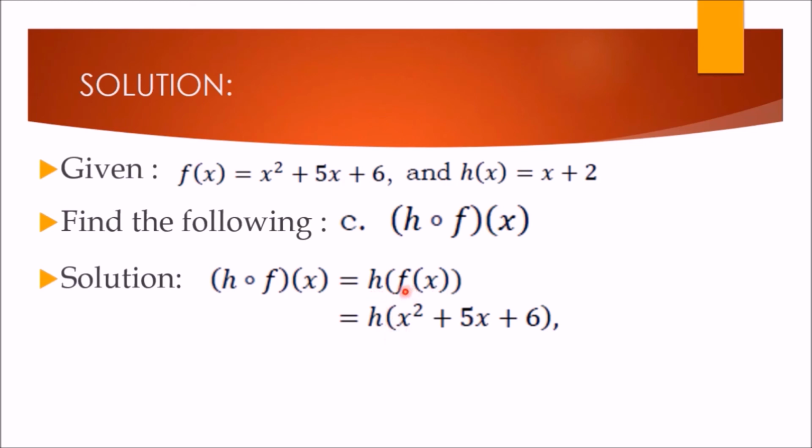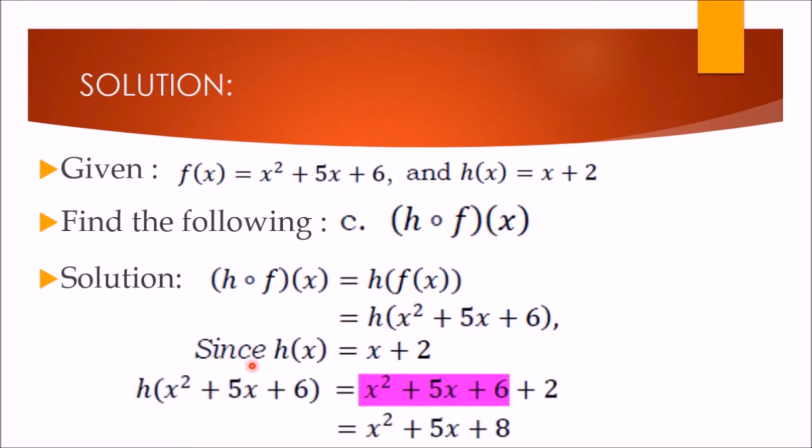So you can have it as copy h, and then your f of x is this, x squared plus 5x plus 6. So you write it here. Instead of writing x only in h, you'll have to do it this way. Since your h of x is equal to x plus 2, it is given, right? h of x is equal to x plus 2.